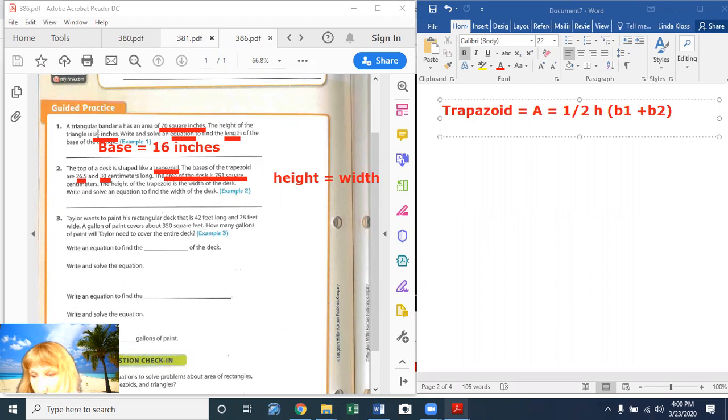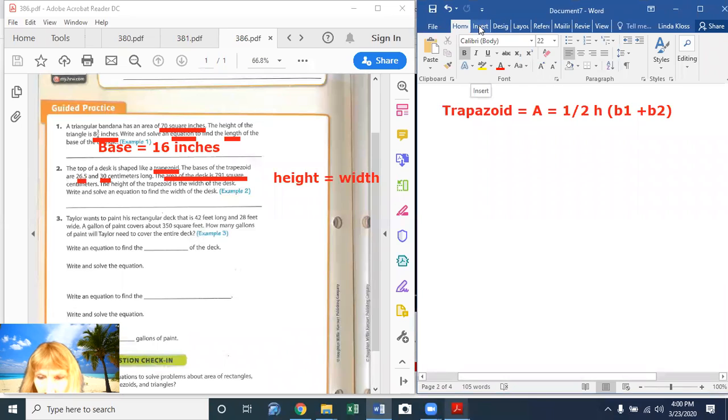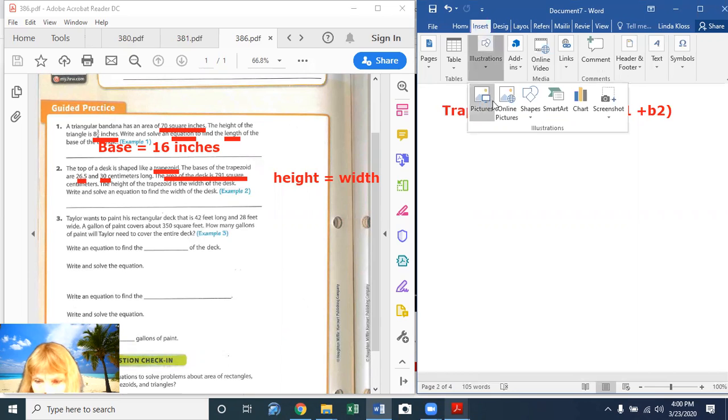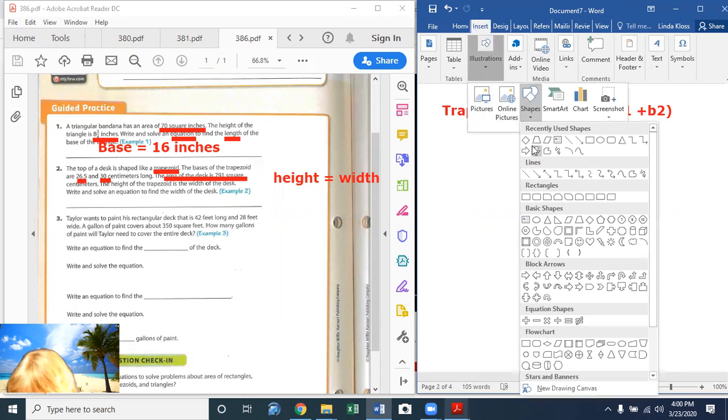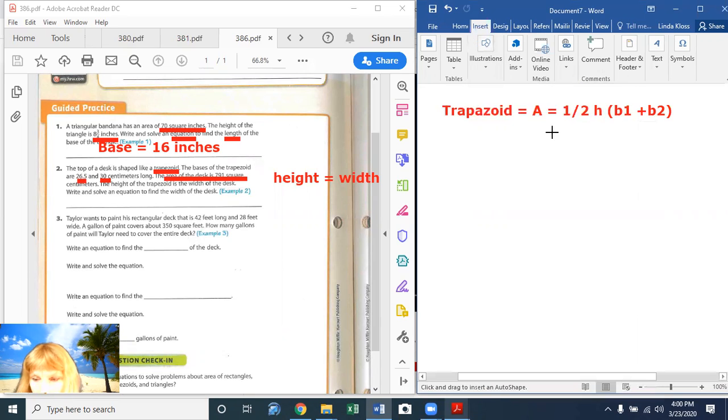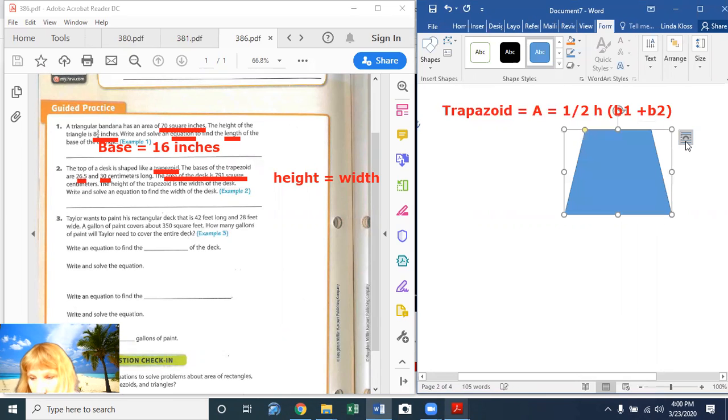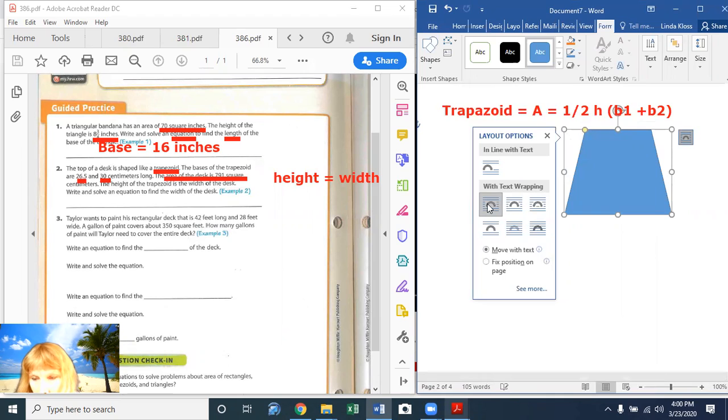And make that go across the top. Okay, so now we have to plug in what we know. First, let's bring out a trapezoid so we can label it. There's a nice one right there. So let's bring us a nice trapezoid and wrap it so we can move it if needed.